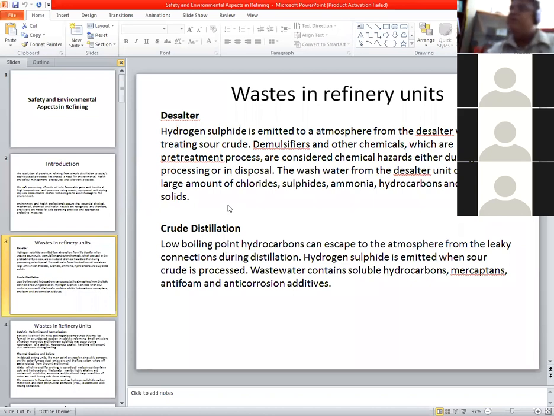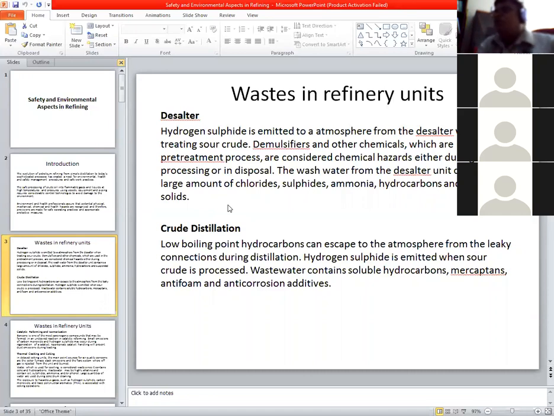Hydrogen sulfide also can be emitted from the distillation unit, because the desalter unit cannot remove 100% of the sulfur. Wastewater generated from crude oil distillation may also contain soluble hydrocarbons, and we are using some anti-corrosion additives in the distillation unit.